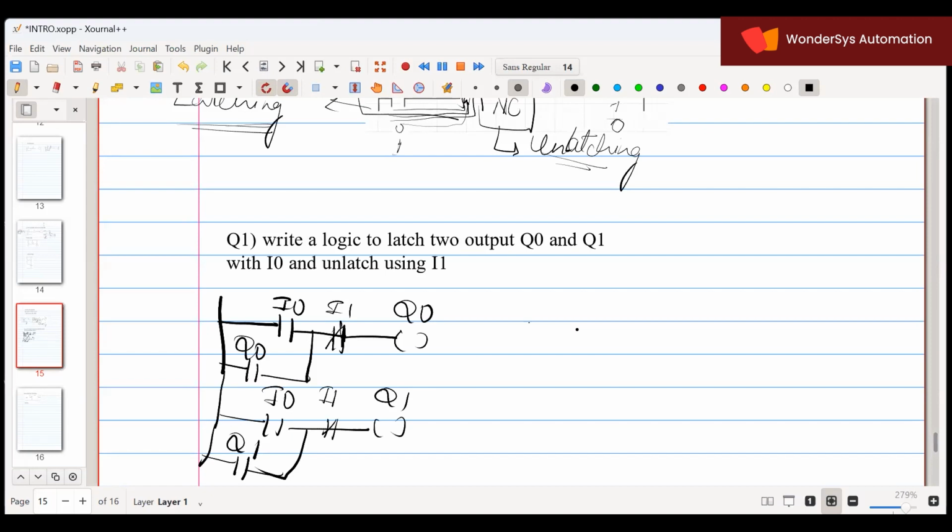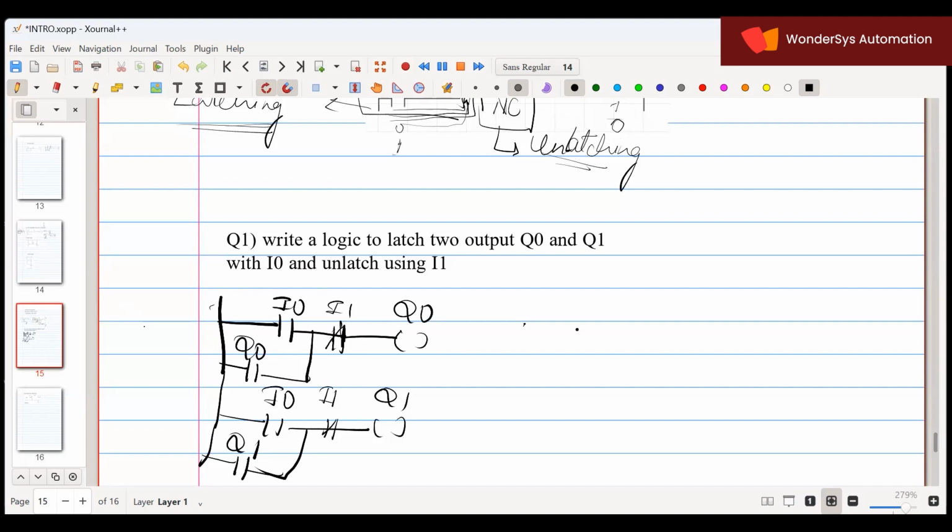Now to do it with a single rung, you see here, is there any difference in the input condition to the outputs? For both the outputs, am I not giving the same input? I am using I0 to on it, I1 to off it, and I am latching.